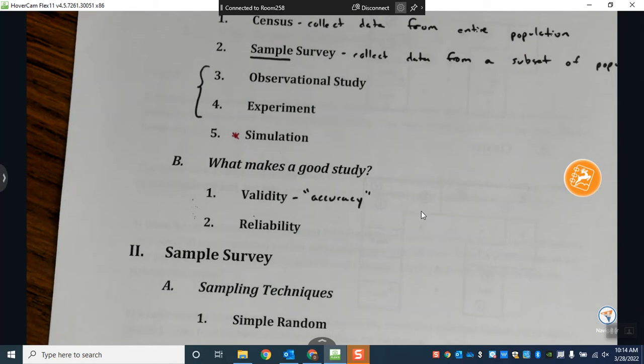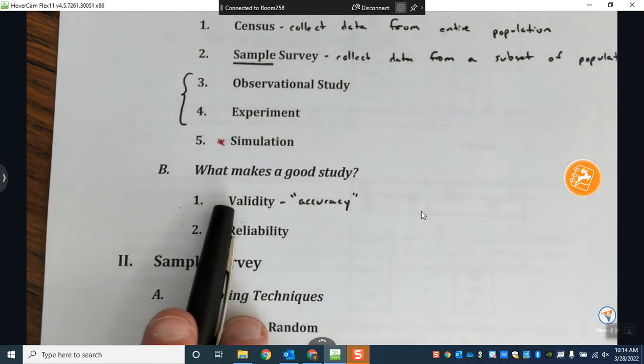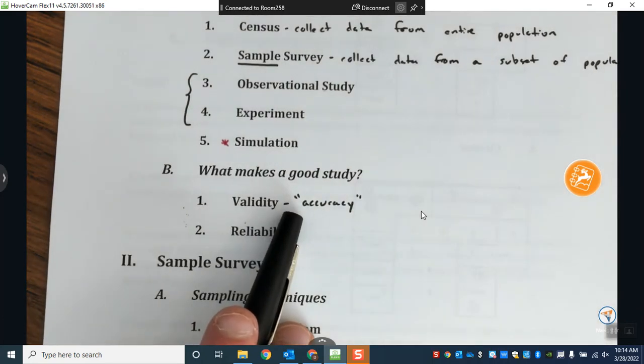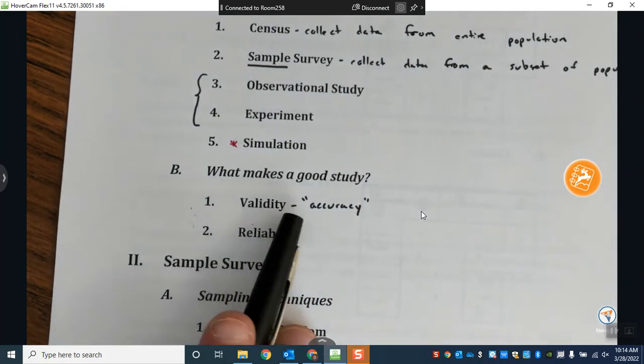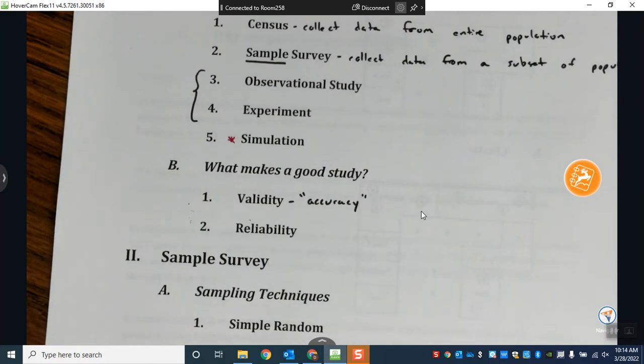That's probably a nonsensical approach to measuring intelligence. You would say that approach lacks validity. It's not really measuring what I'm intending to measure. So if you see a question asking you to comment on the validity of a study, what you want to talk about is whether the study is really measuring what they're trying to measure.